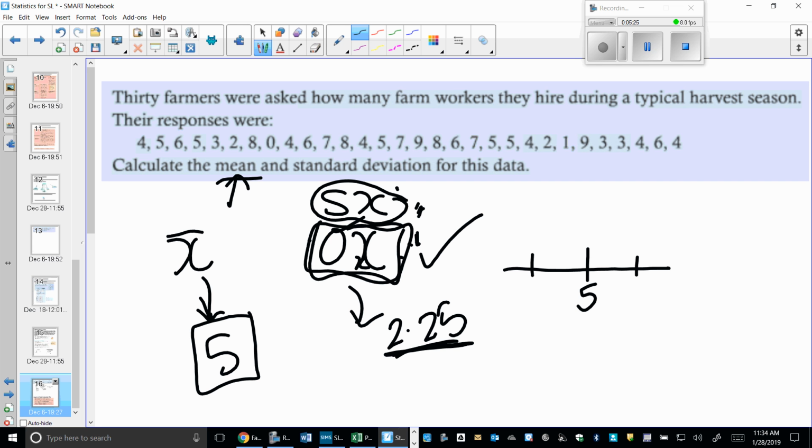So like 3 and 7. Now, within your data, you normally have 3 standard deviations this way, 3 standard deviations that way, which will give you all of your data values.